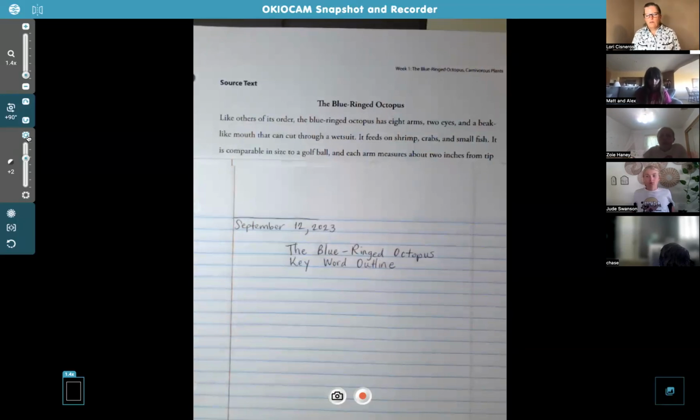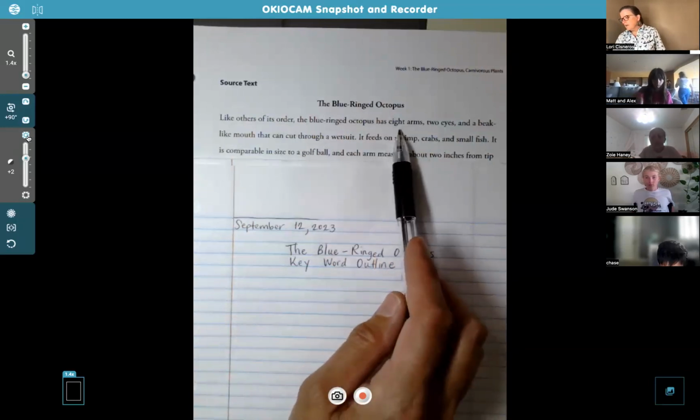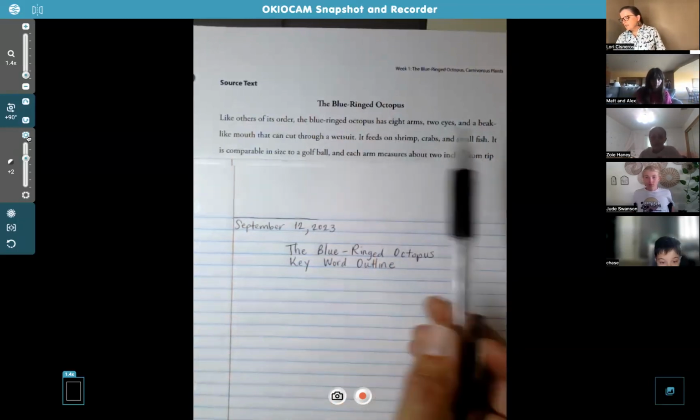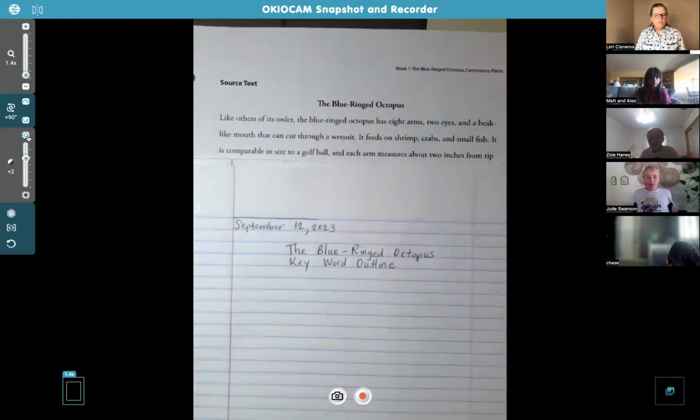Keywords are the ones that are the most important to remember the sentence by. So keywords are like blue ringed octopus, 8 arms, 2 eyes, a beak-like mouth, cut wetsuit, something like that. Okay, those are keywords.